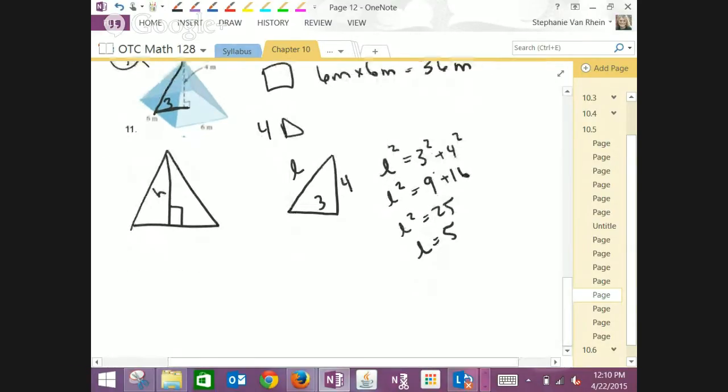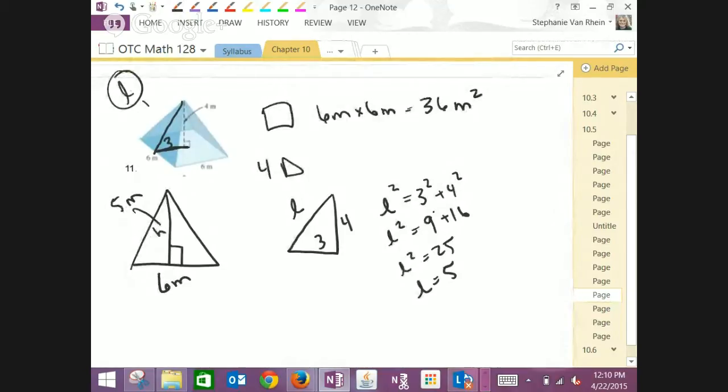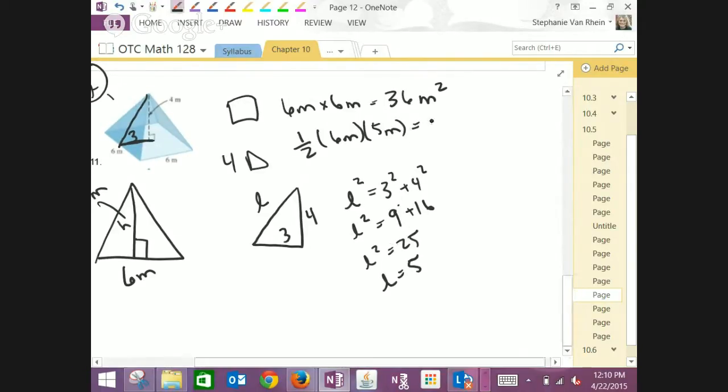So now I have a triangle with a base of 6 meters and a height of 5 meters. So how do I find the area of a triangle? One half base times height. So I have 1/2 times 6 meters times 5 meters, which is 15 meters squared, but I have 4 of them, right?